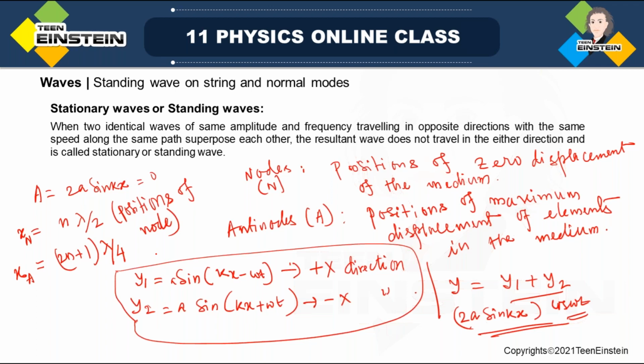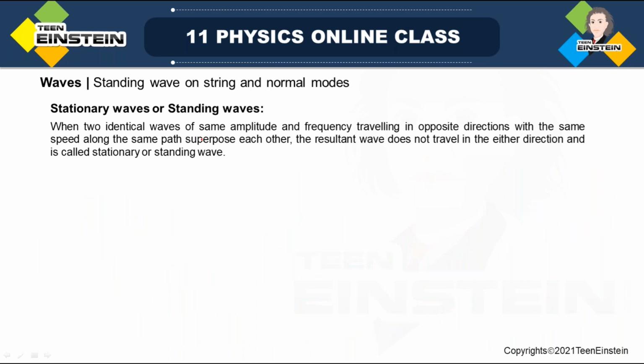I'll just clean everything and then write the positions of antinodes and nodes. Positions of nodes, represented as N: x is equal to n lambda by 2. Suppose this is equation number 1.